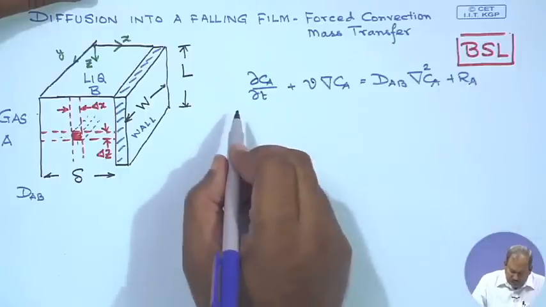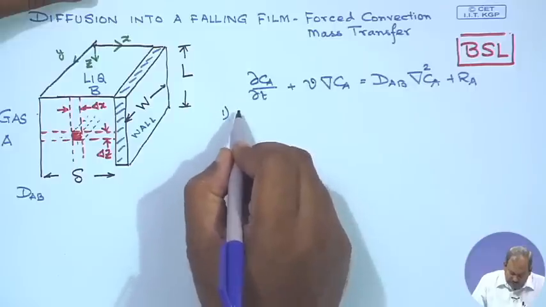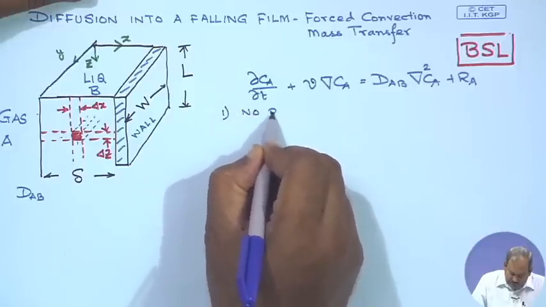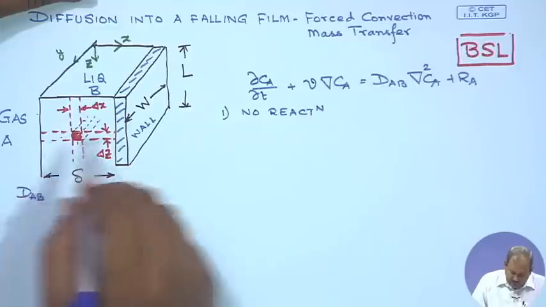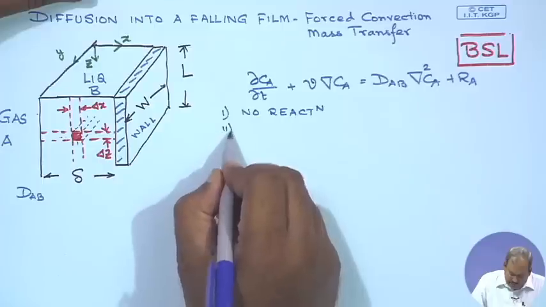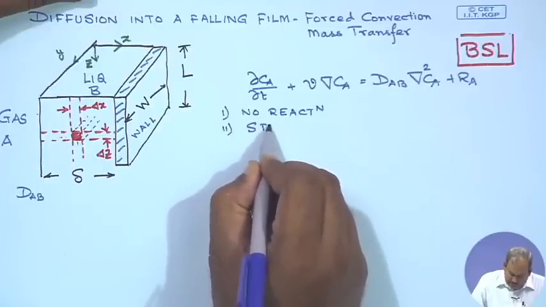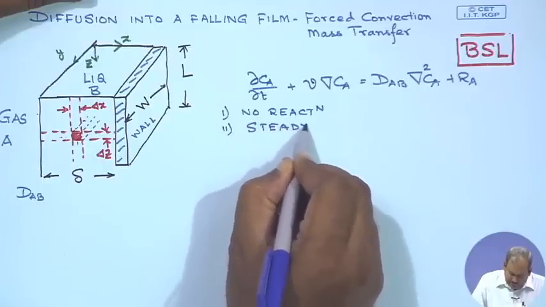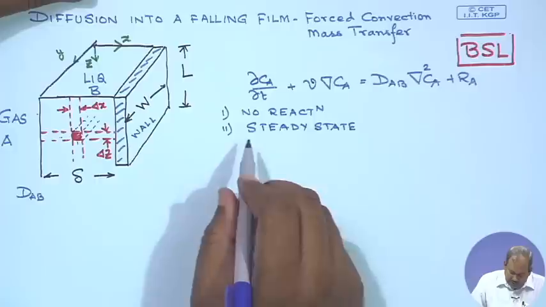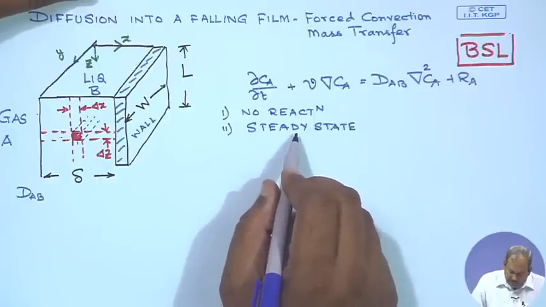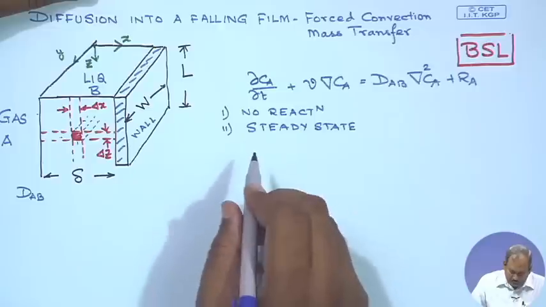So, first of all, we are going to make certain assumptions. First off, there is no reaction, that means A does not react with B. So, A and B are non-reacting to each other, and we have a steady state which is reached in this case. We are solving the problem only at steady state.